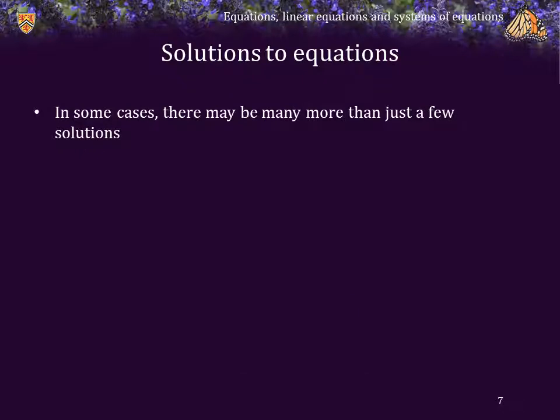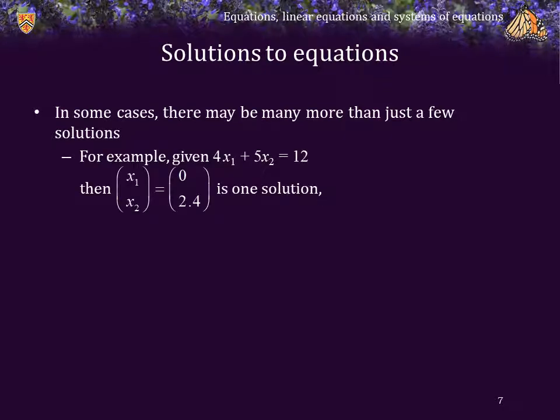Now, in some cases, there may be many more than just a few, or even countably many solutions. For example, here is a linear equation with two unknowns. Then, by observation, we see that x1 and x2 being 0 and 2.4 respectively is one solution. However, x1 and x2 being 3 and 0 respectively is another solution.